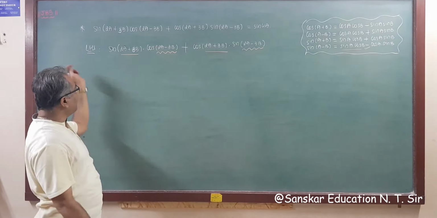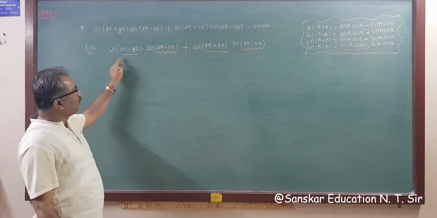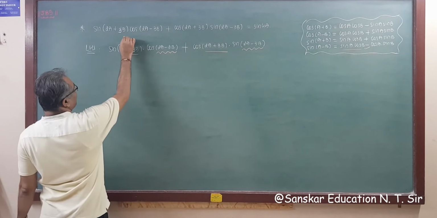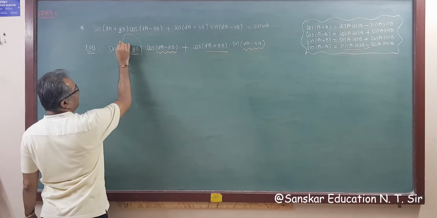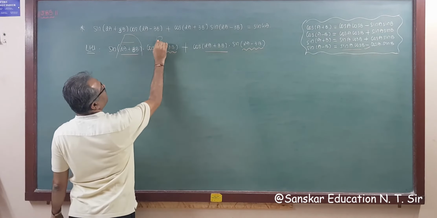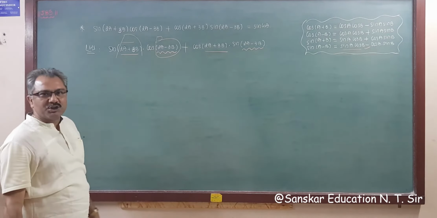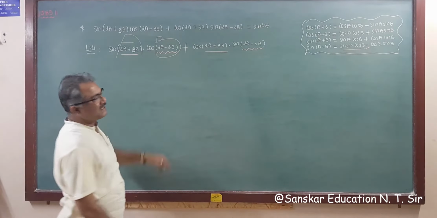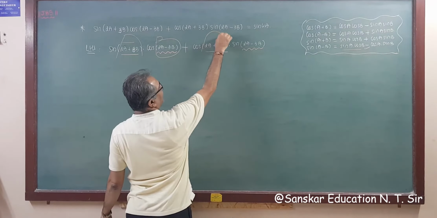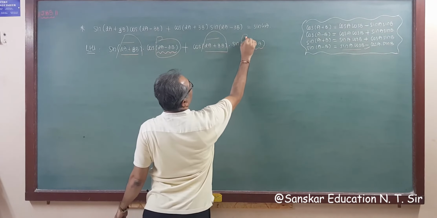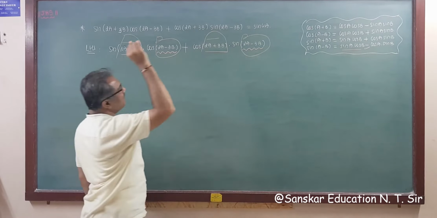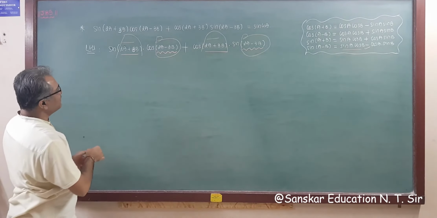Right? So what will the formula be? Sin both same, that is, suppose we say this is a, then this is sin a, and this is b, then this is cos b. So this is sin a cos b plus cos a sin b. Got it? Cos a sin b. So which formula is this one?